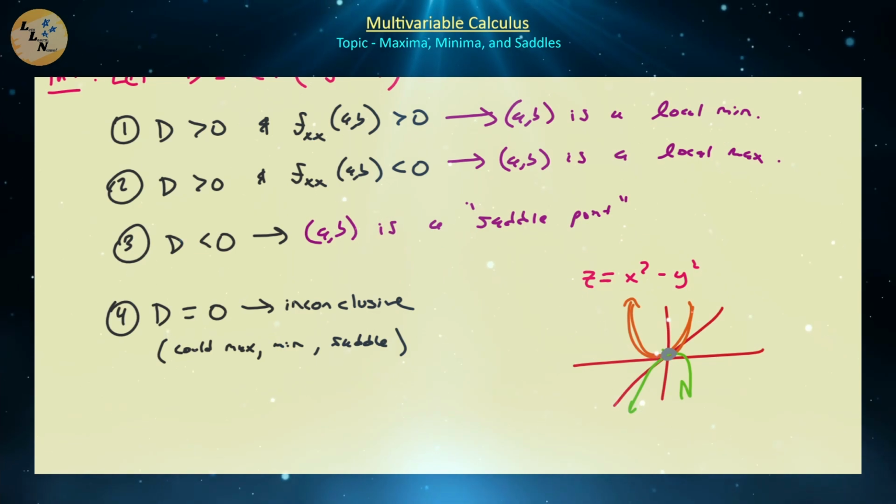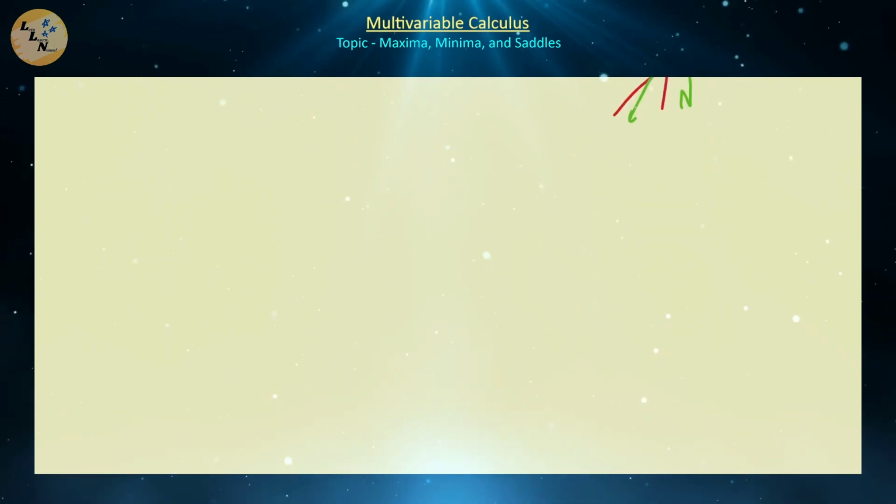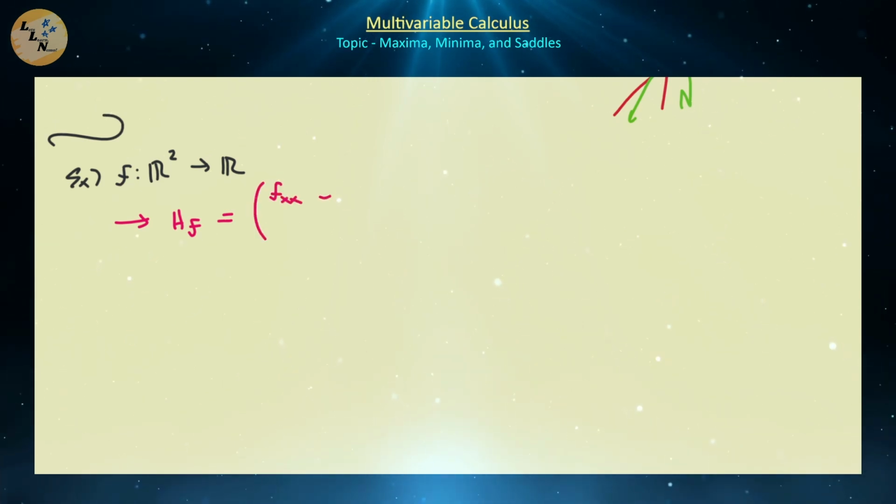Let's get into a bit of theoretical discussion on how to calculate D, because that's used for what is called the second derivative test. If we're working in the realm where R2 maps to R, keep in mind the Hessian matrix of f is going to be fxx, fxy, fyx, and fyy.